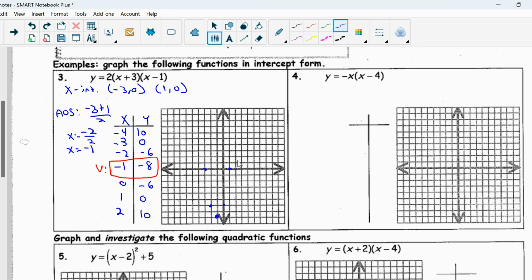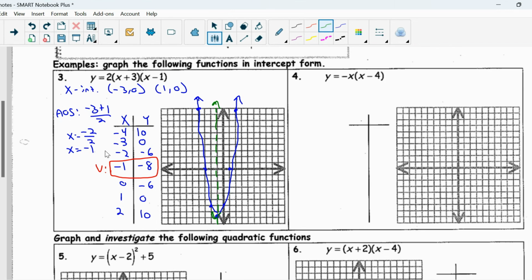Okay, and we also have -4, 10, or 2, 10. So we can go ahead and try to graph this best we can. Okay, and if we were asked to, we could graph our axis of symmetry, which is what we found right here.